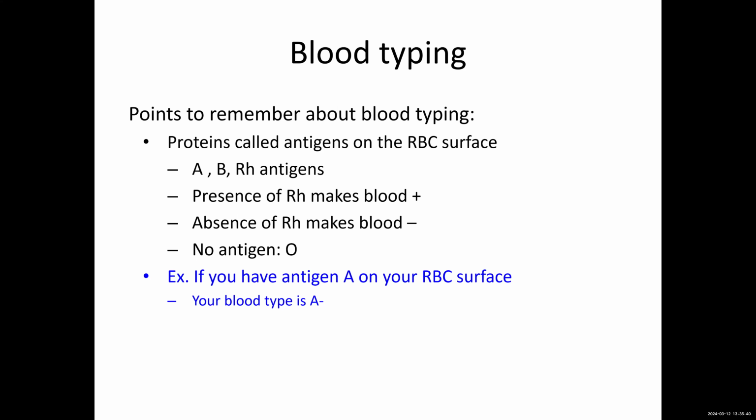If somebody has blood type A plus, they need to receive blood type A plus, or they can die. So when somebody needs a blood transfusion, they need to receive the same blood type. So that's why blood typing is performed. Everybody should know their blood type in case of emergency.